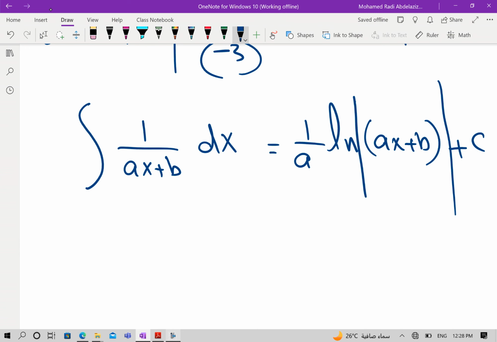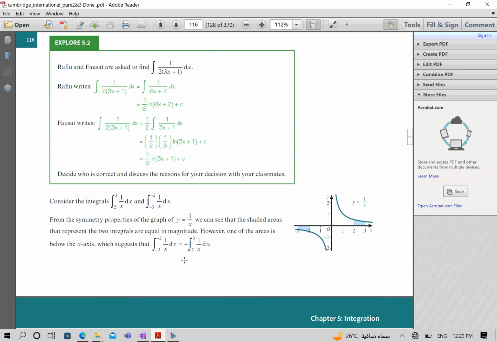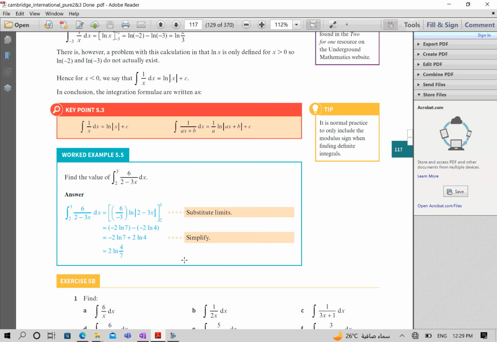But for the limits, if I give you integrate from k to l, and you substitute l minus substitute k, maybe you will get a negative value inside, so change it. This is the question, in case we have a limit.